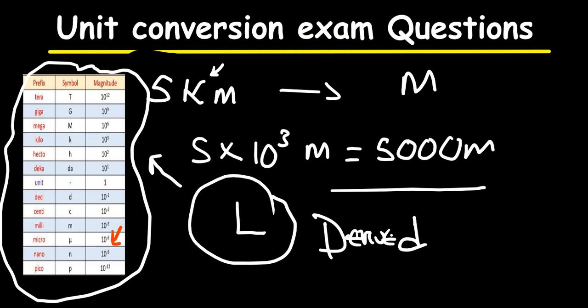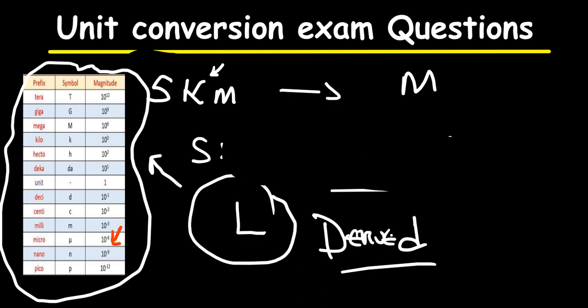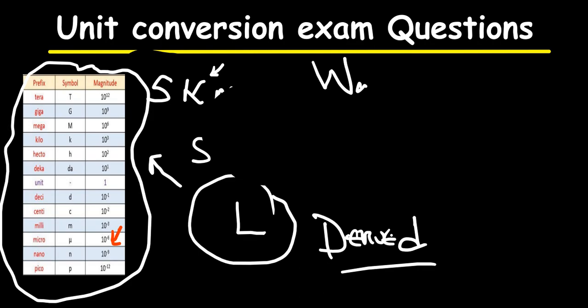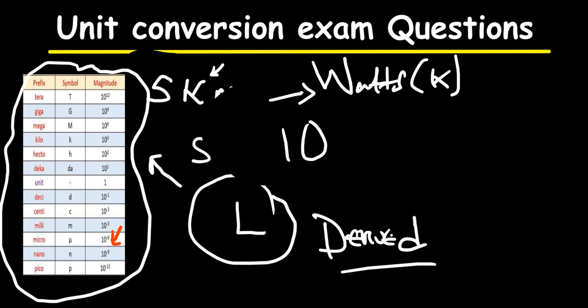For example, if you are finding power, we know that power is measured in watts. So you can still use this metric table to describe the magnitude of this power. Let's say I have 10 kilowatts.